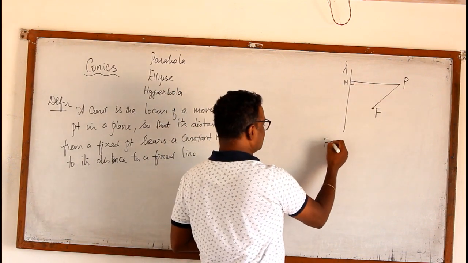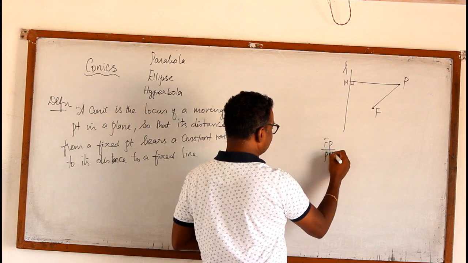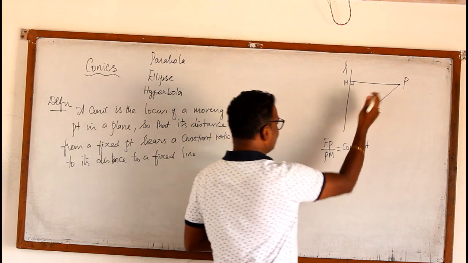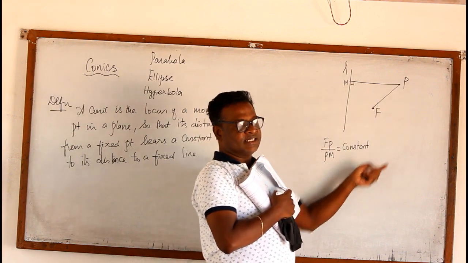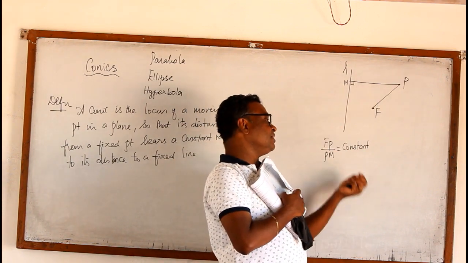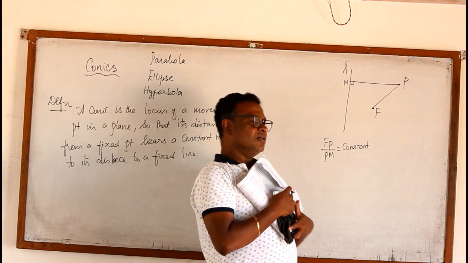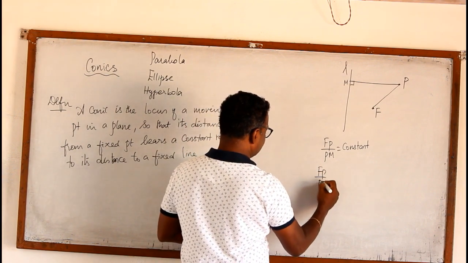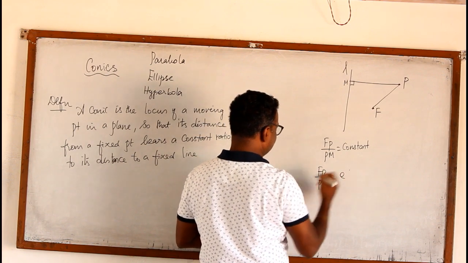Then this ratio FP by PM is a constant. If I allow a point under this condition to move, then definitely the locus is a conic. Now normally we write FP by PM as the constant E.